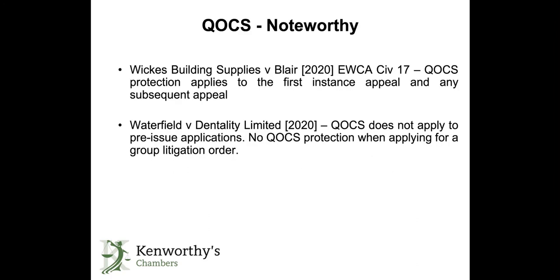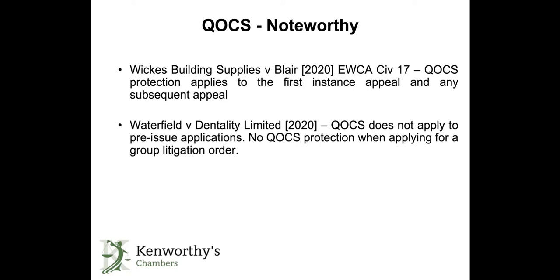I've highlighted two other cases from the QOCS section. I'm going to deal with these briefly, but Wickes Building Supplies and Blair is an interesting and important case for those to be aware of.